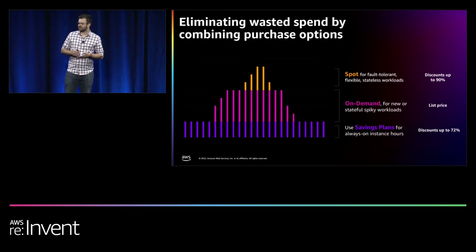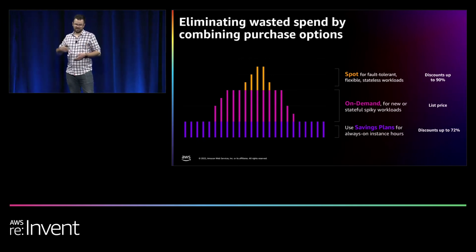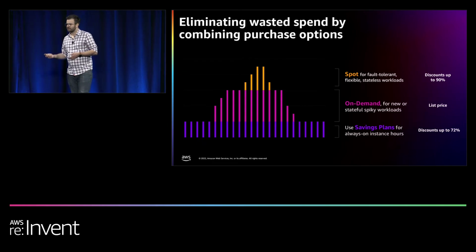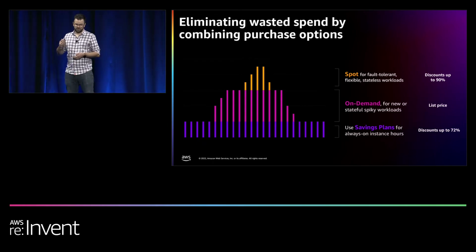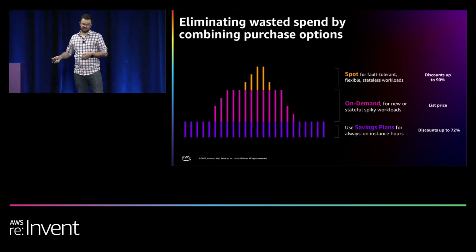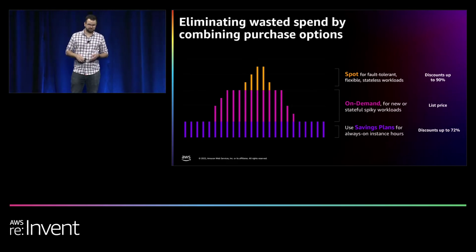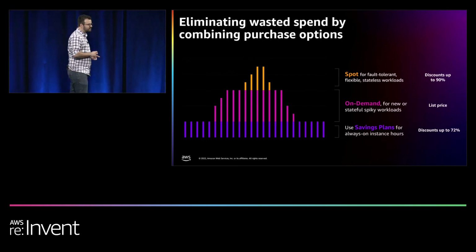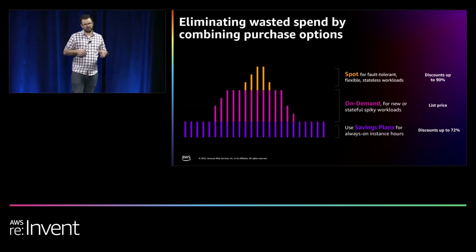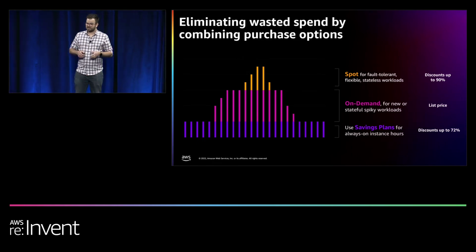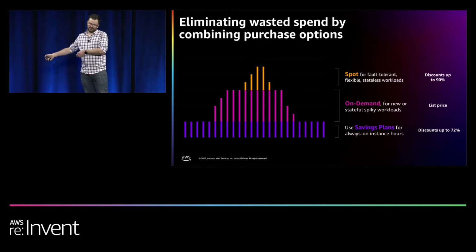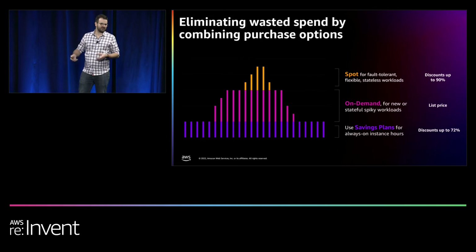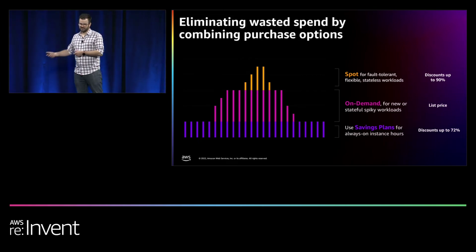If you choose, let's say, an all upfront 3-year commitment, you can save up to 72% off your EC2 bill, all without doing anything to your application. And we do this because the more certainty you can give us about what you're going to be running, the less spare capacity we need in our data centers, so the less waste we have, and the more we can pass on those savings to you.